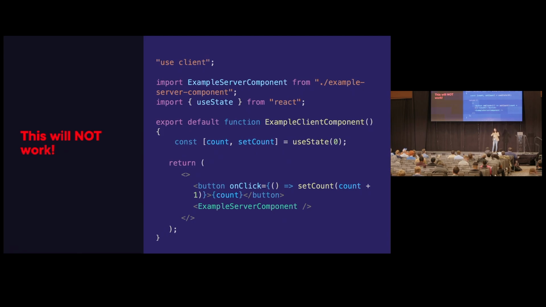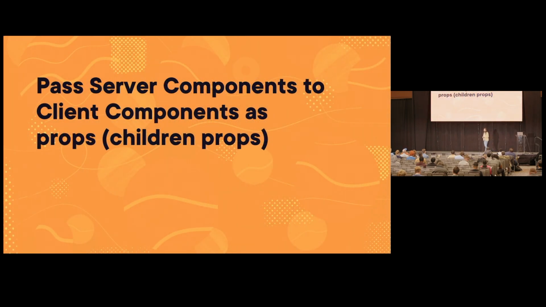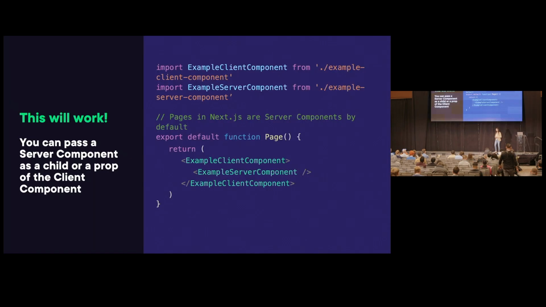So to overcome this and have a workaround, what you do instead is you pass that server component to the client component as a prop, as a child prop. If you ever had to put the client component on the top and the server component in the bottom, this is how you would work around it. So let's see what that looks like. So we have this page, and you see there's a client component and a server component, and we wrap the server component inside the client component as a child, basically.